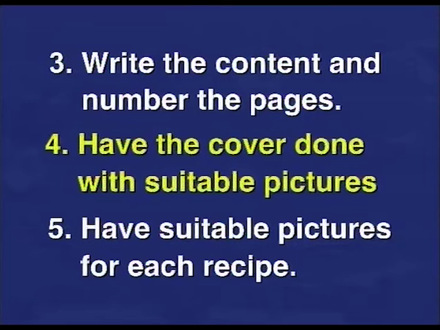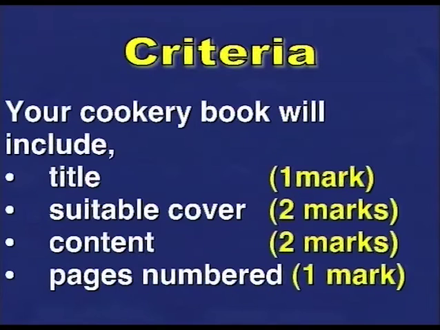Now, teachers, we also have our criteria for this assessment task. And once again, I'd like you to also record these criteria down. Now, our criteria says your cookery book or recipe book will include a title, which is 1 mark, a good cover or a suitable cover for that recipe book, that will be 2 marks.